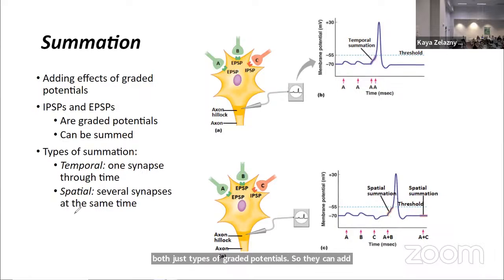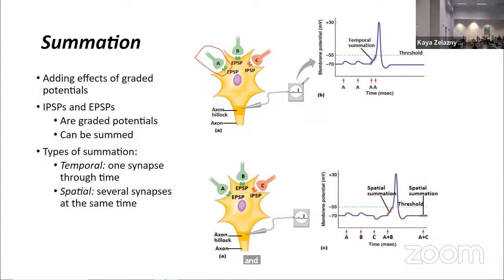Okay. So we can see temporal summation. So here we've got a more detailed example, right? So here we're going to focus on presynaptic neuron A, okay? And the yellow cell is our postsynaptic neuron. So in temporal summation, we said before that that's adding together over time, right?